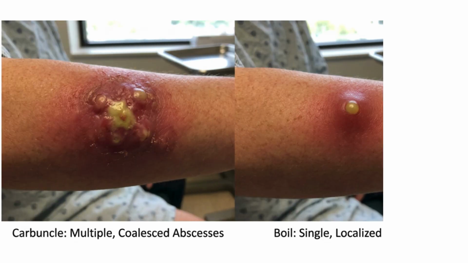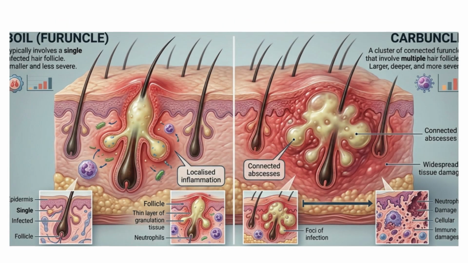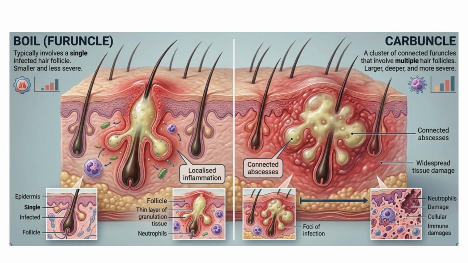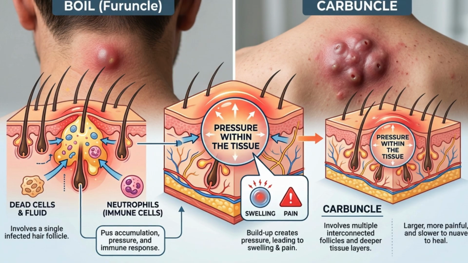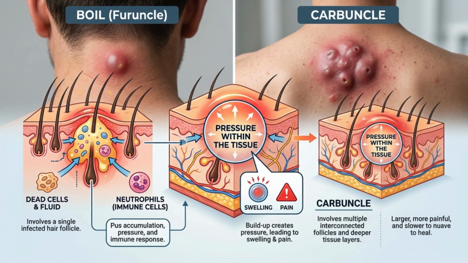Number 6, why carbuncles are more serious than boils. Although carbuncles and boils are often grouped together, they differ significantly in severity and structure. A boil typically involves a single infected hair follicle, while a carbuncle involves multiple interconnected follicles and deeper tissue layers. This difference means that carbuncles tend to be larger, more painful, and slower to heal.